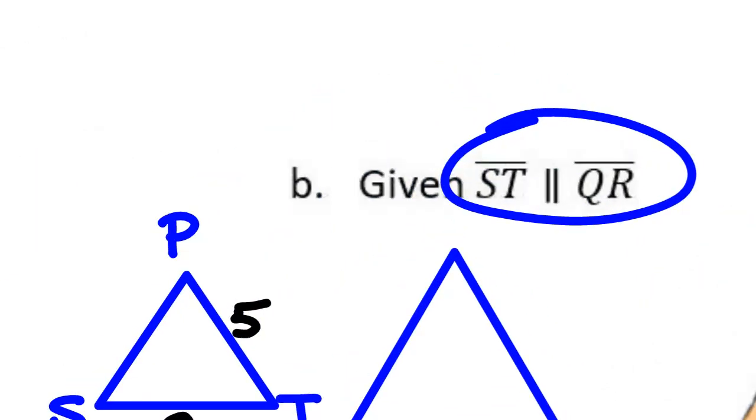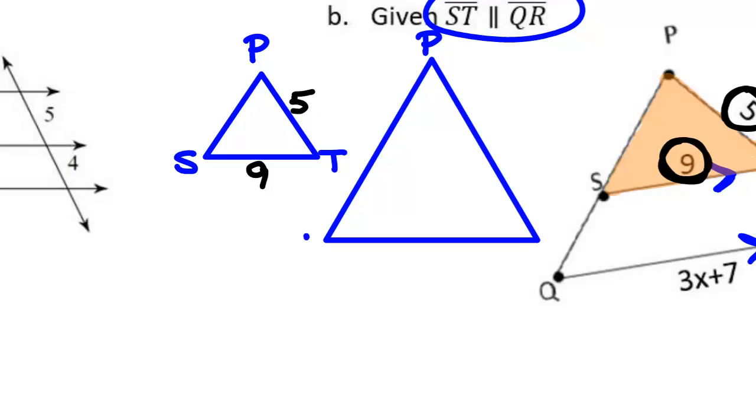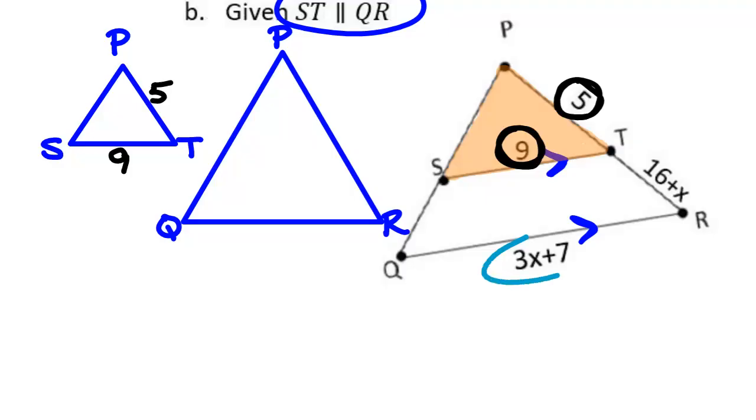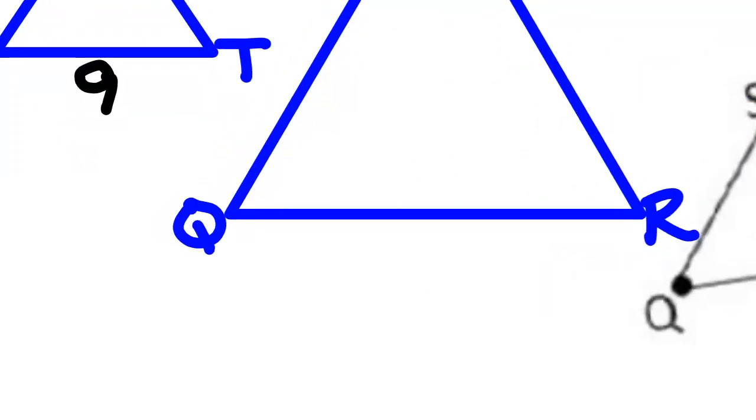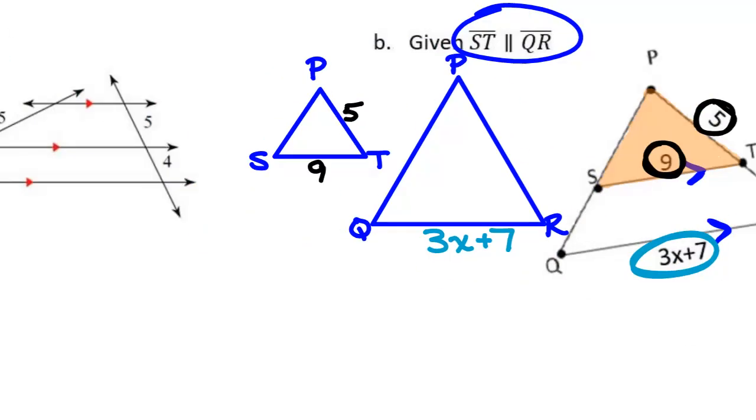On the larger triangle, we still have P up at the tippy top, but now I have Q and R for the vertices down at the bottom. I see that QR is 3x plus 7, so 3x plus 7 goes down here.